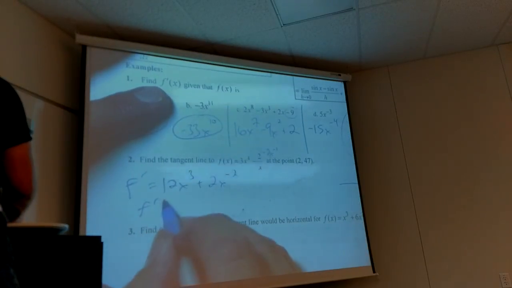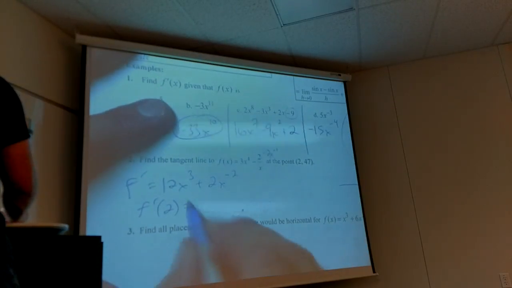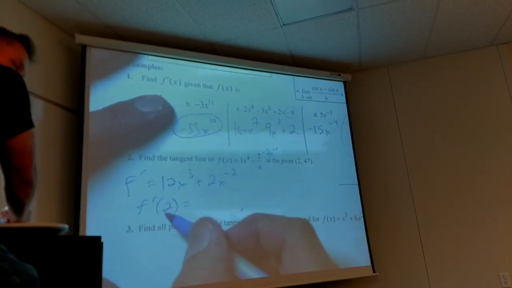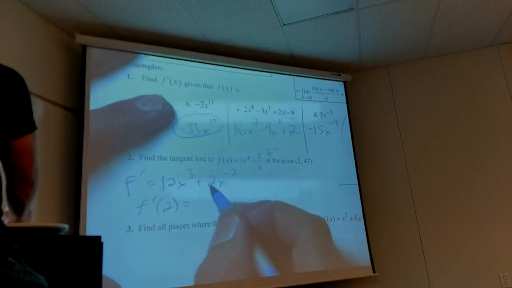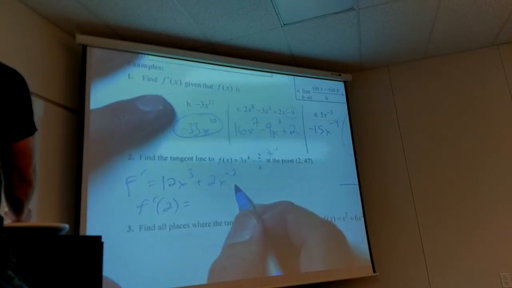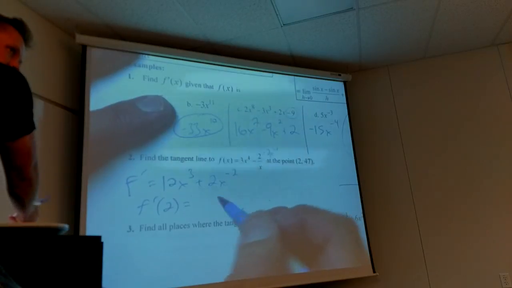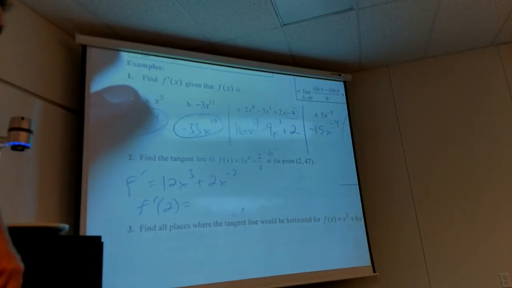So if I look at the point 2, I get a slope of 2 cubed is 8 times 12 is 96 plus 2 over 4, 96.5, right? So if you do that, yeah, you get 193 over 2.